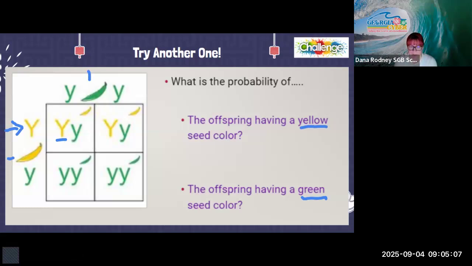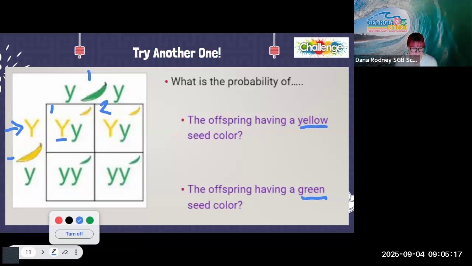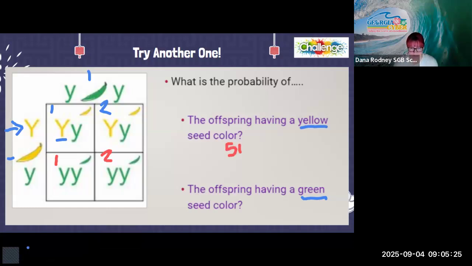When we make that cross, we just count up what we see. So we've got 2 boxes that are yellow, and then we have 2 boxes that are green. Out of 4 total boxes, that means it's going to be a 50-50 chance, 50% chance up here, and then a 50% chance on the bottom one.